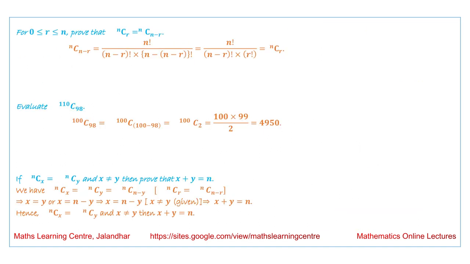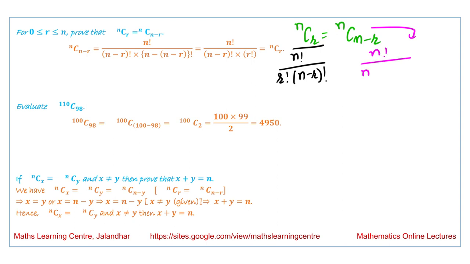Next is, for 0 less than or equal to r less than or equal to n, we have to prove that nCr is equal to nC(n minus r). So if we write the formula for this term, it is n factorial over r factorial into (n minus r) factorial. When we are talking about this term over here, the value is n factorial over (n minus r) factorial into (n minus r) factorial.